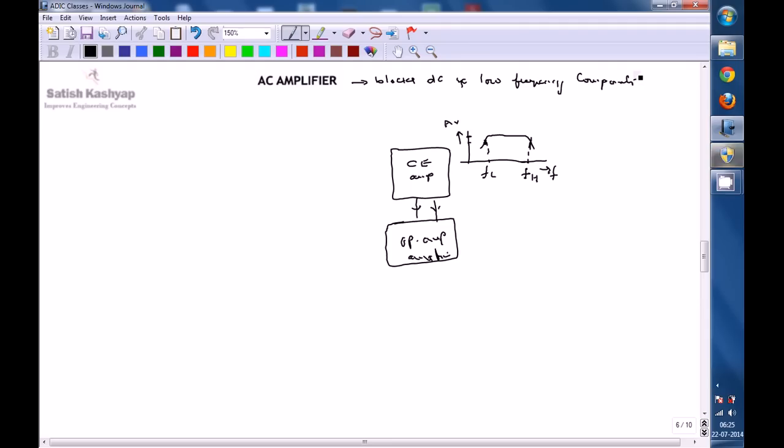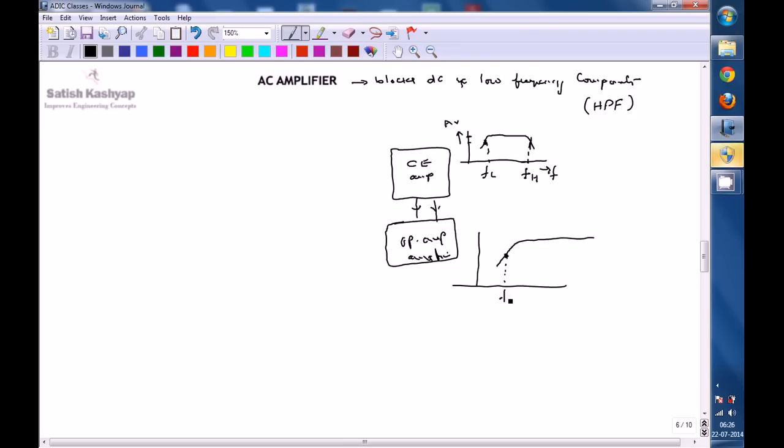If you look at this definition, it is the definition of a high pass filter. So in simple words, the AC amplifier acts as a high pass filter, with its lower cutoff frequency as FL and upper cutoff frequency being infinite. So now the op-amp should have characteristics like this. It should amplify only the frequencies from FL, and FH is not defined.